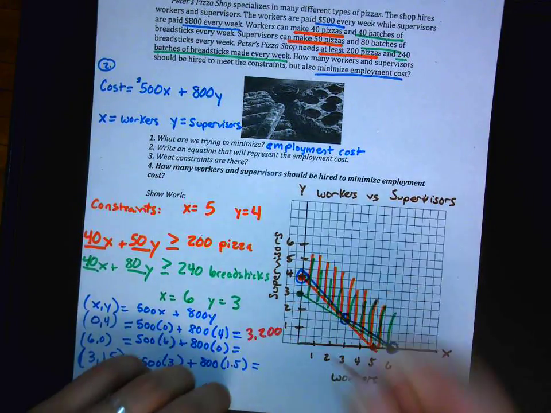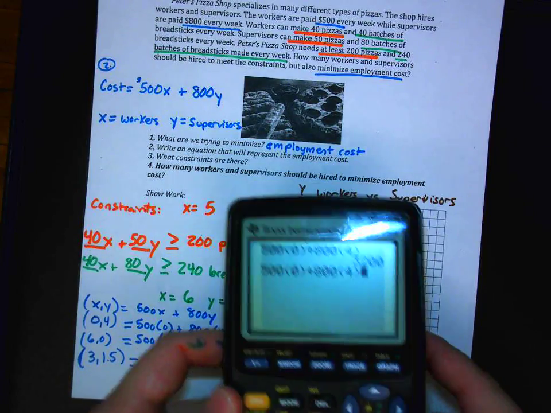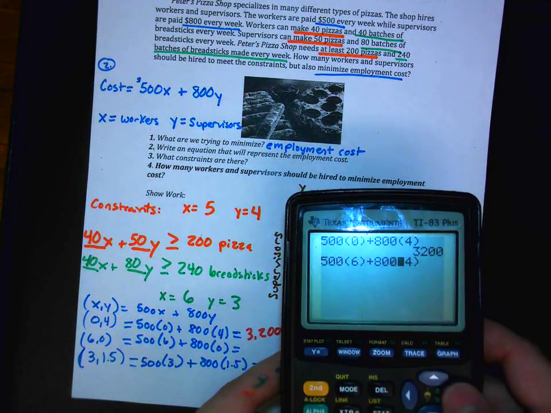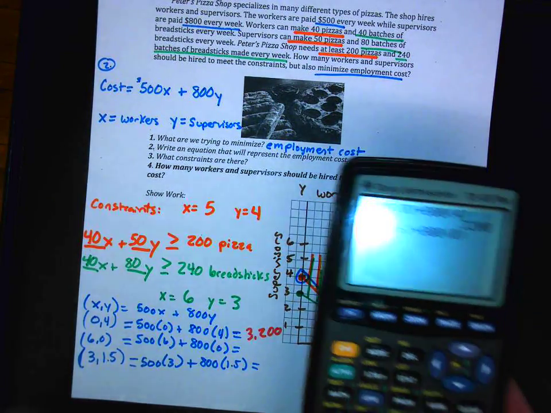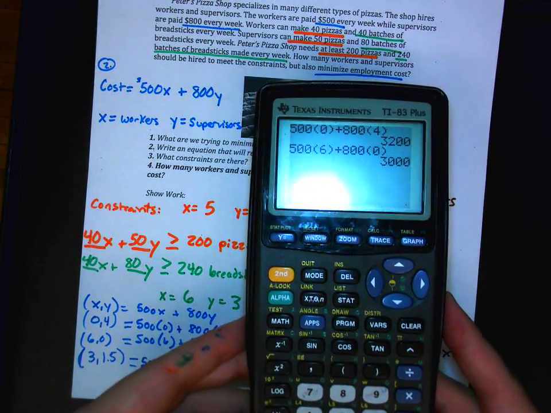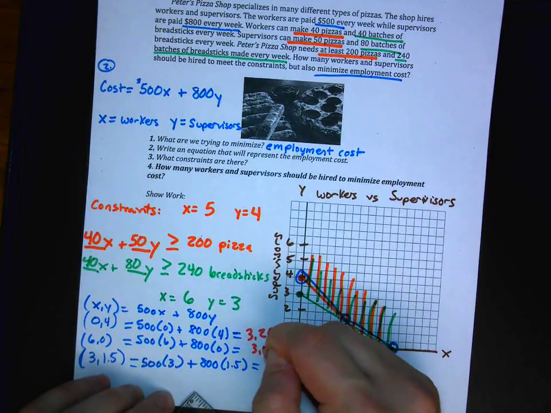If I hit second enter, I can retype my equation. If I want to plug in 6 workers and 0 supervisors, assuming that nothing's burned down or anything like that, I'll go ahead and hit enter. We're looking at a cost of $3,000 if it's all workers.